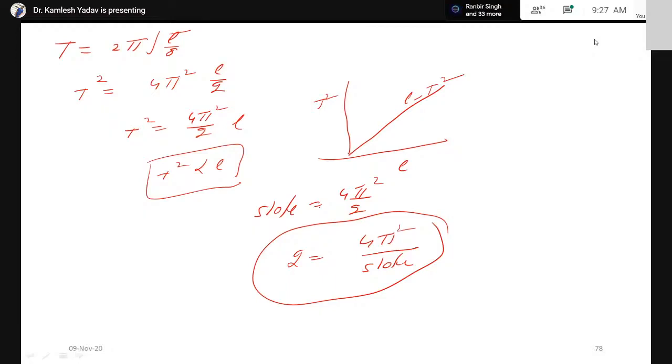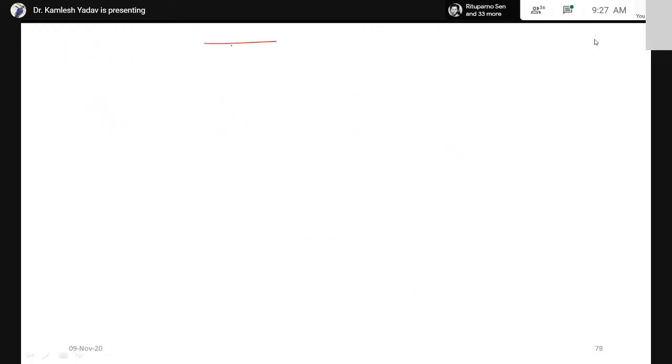Now in case of a simple pendulum, suppose we have a simple pendulum and this is the mass attached to it. In this case, T is the tension force acting along the string, and there is oscillation of this simple pendulum due to this tension.